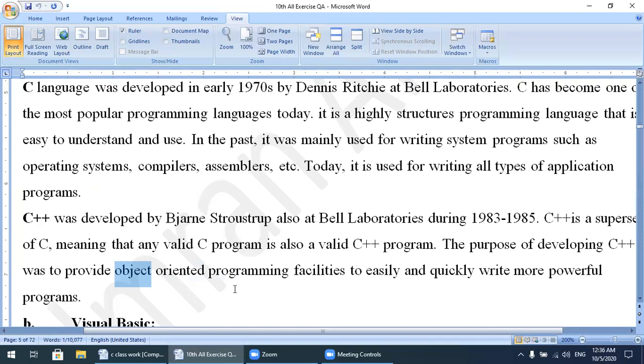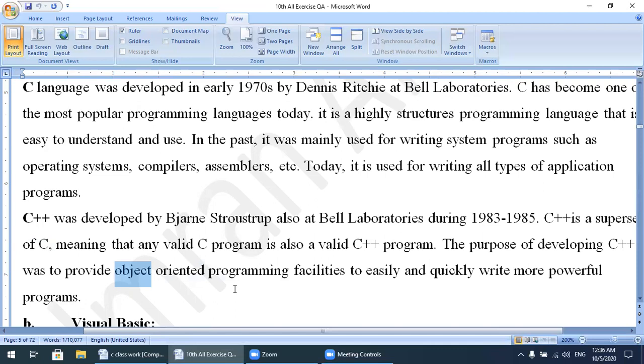Every object contains two things: one is properties and another one is functions. Let's say I am an object, my name is my property. And what are my functions? I'm a teacher, I'm teaching you.